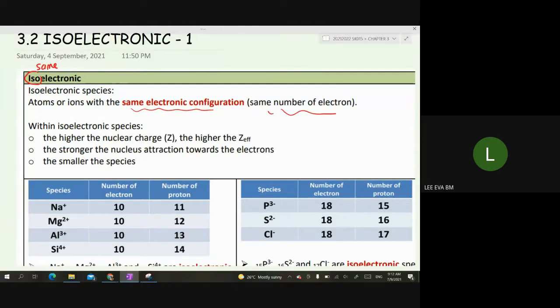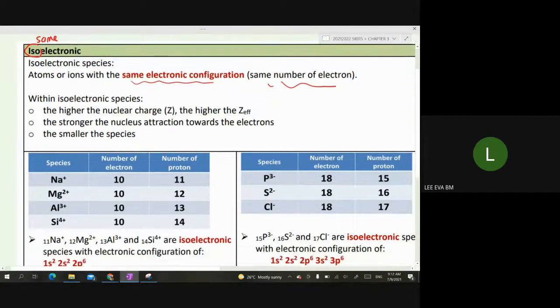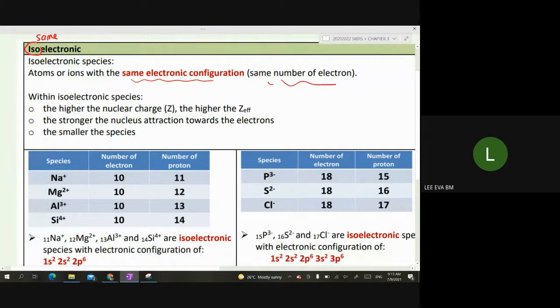Okay, so within this isoelectronic species, we have to compare something that are different, which is the nuclear charge and the ZEF. So in general, we say that within the isoelectronic species, the higher the nuclear charge, okay, the higher is your ZEF.